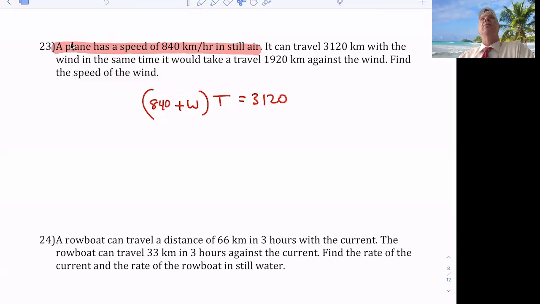The wind will change. Think about this. It's kind of like if there is no wind, the plane has a speed of 840 miles per hour, right?